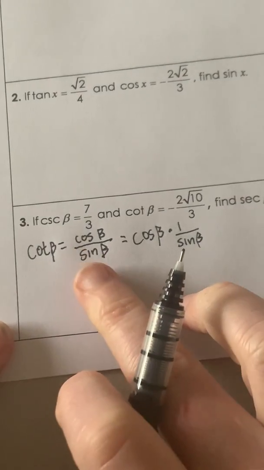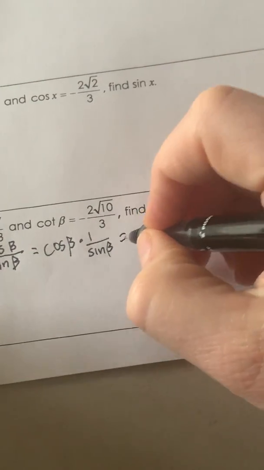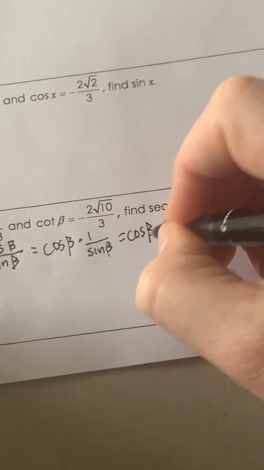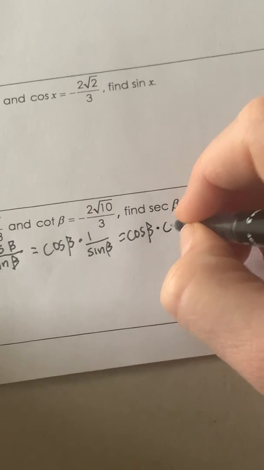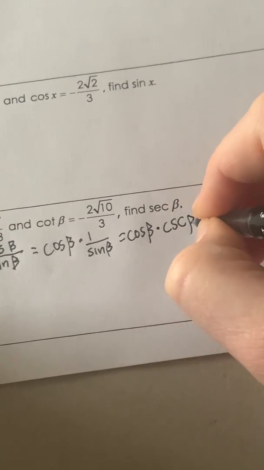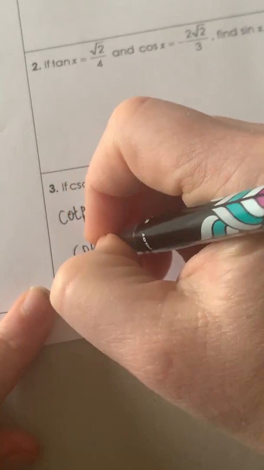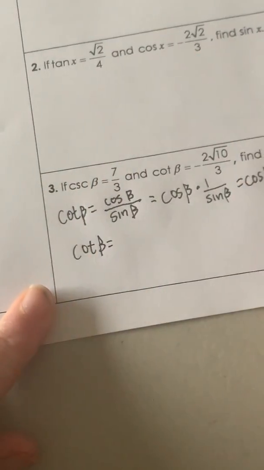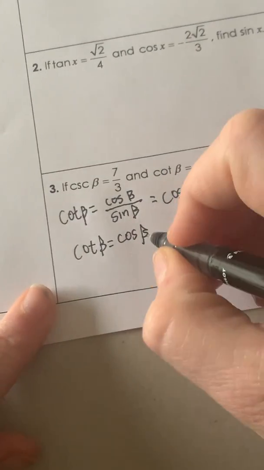Just splitting that fraction up. So that would give me cosine beta times cosecant beta. Okay, so we're left with cotangent beta equals cosine beta cosecant beta.